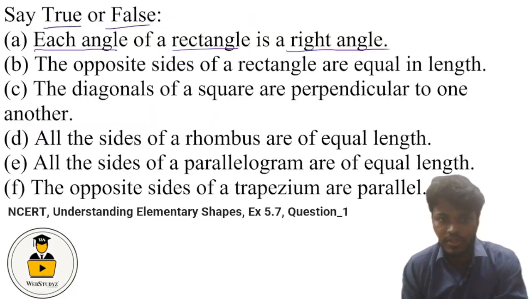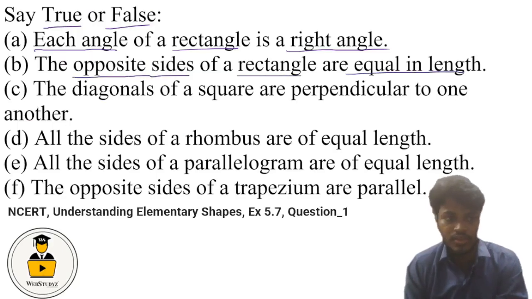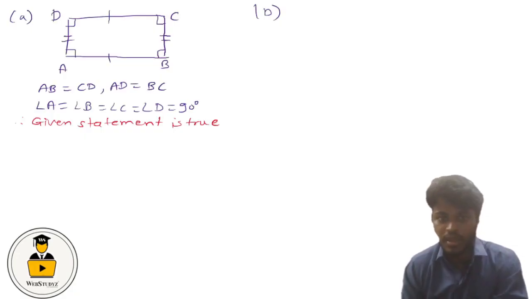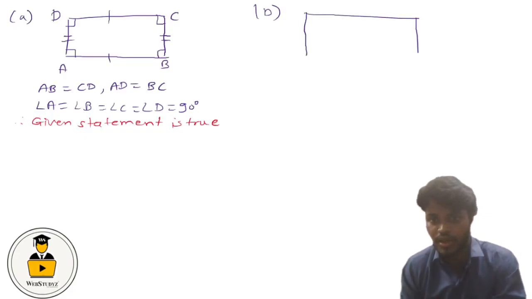The second question says that the opposite sides of a rectangle are equal in length. So as we have seen in the first example, let us draw the same rectangle again, ABCD.